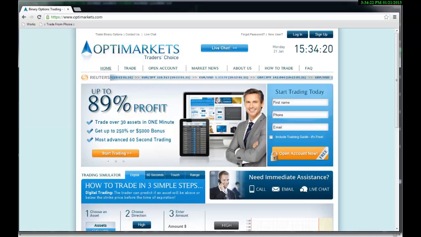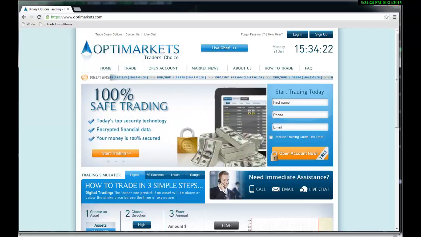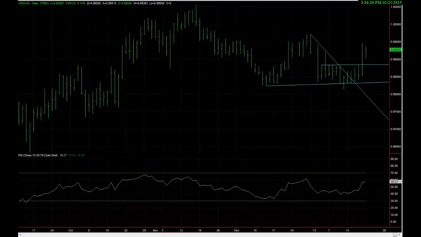Because if you're on the side of identifying your patterns and knowing your trends and knowing your levels, if you're on the side of knowledge, then it's only a matter of time before your win rate is in your column. All you need to be right is 65, 68% of the time, and you're going to make money. If you're right 70, 75, 80% of the time, you're going to make an enormous amount of money.